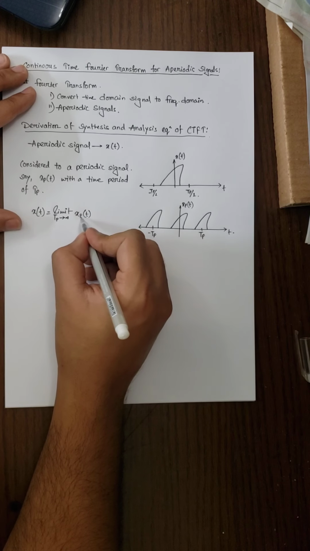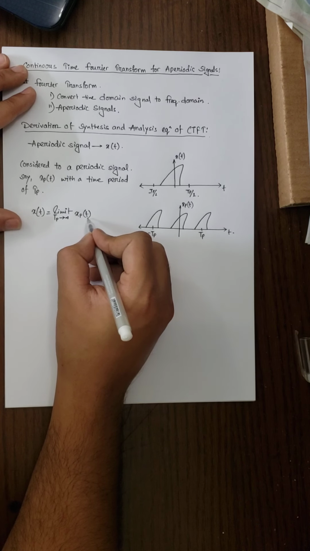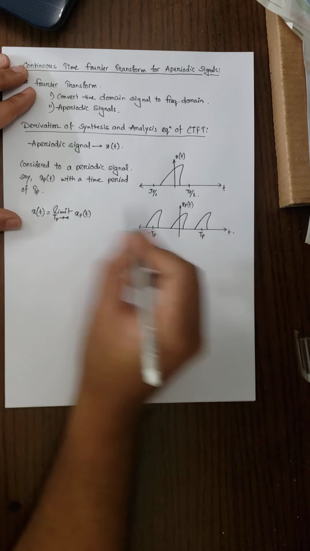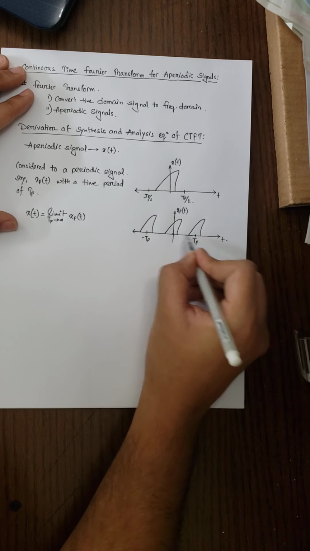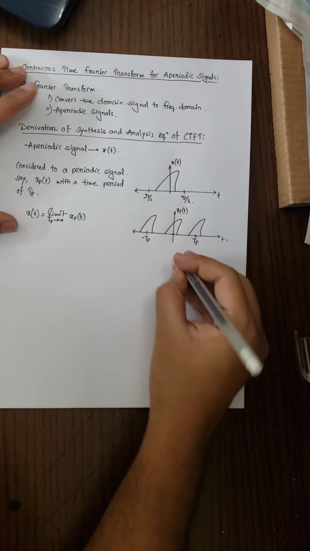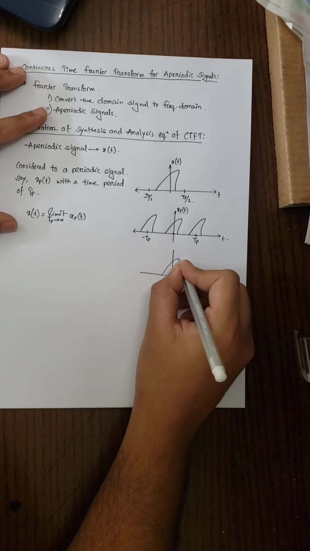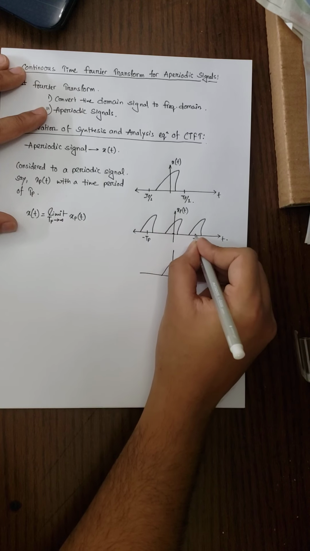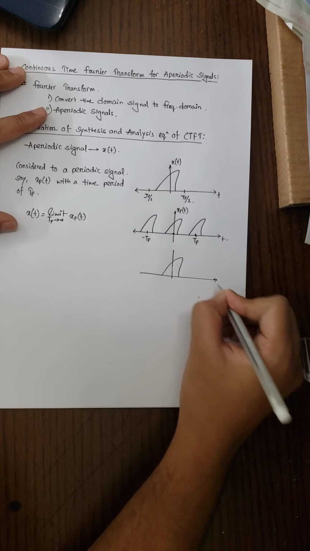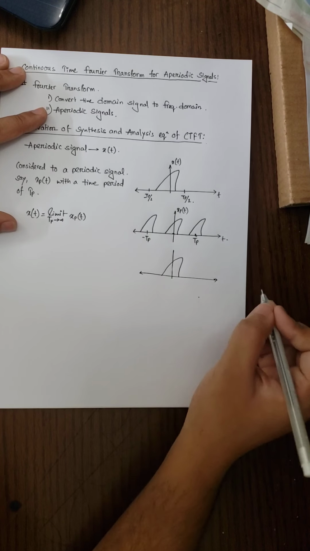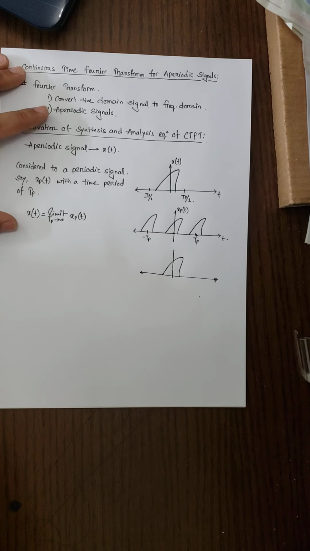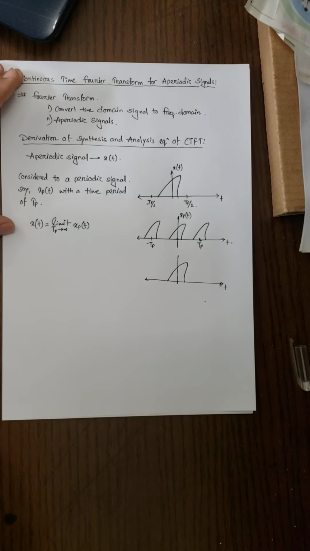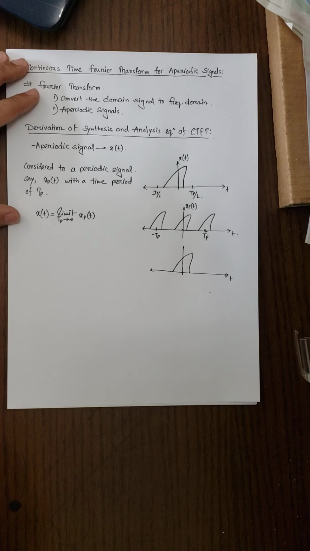So xp of t is the periodic signal. If we take the limit such that the time period becomes infinity, the signal looks something like this. This Tp point will occur at infinity. So evidently this signal is equal to this signal. What I mean to say is that when the time period goes to infinity, the signal becomes aperiodic.